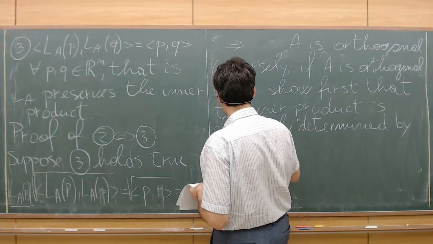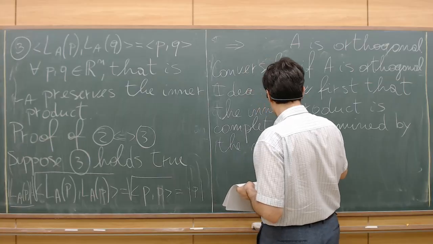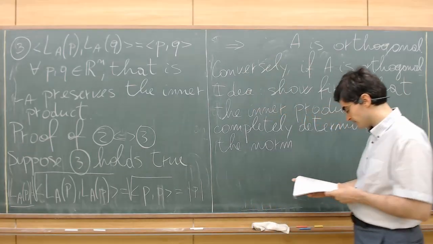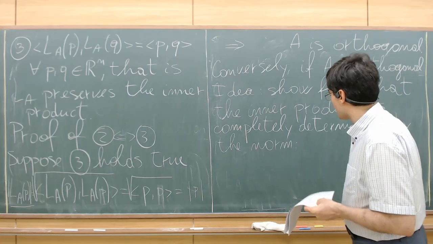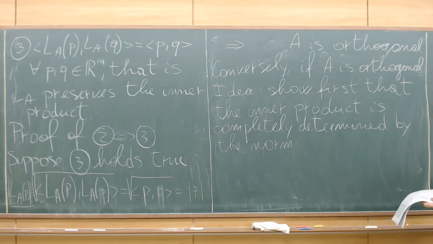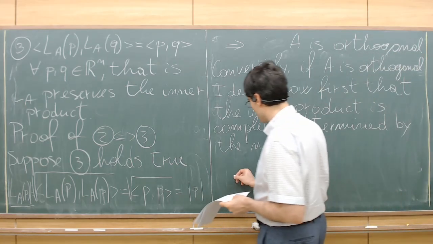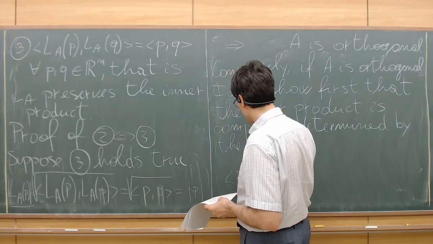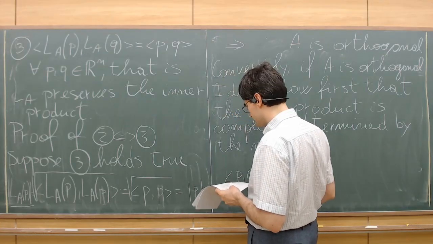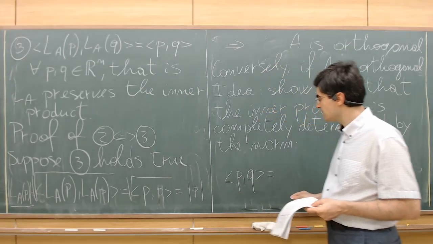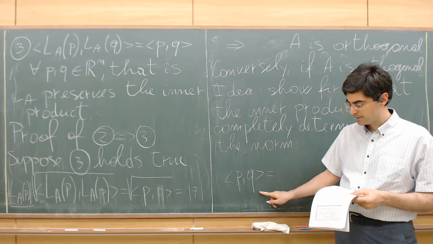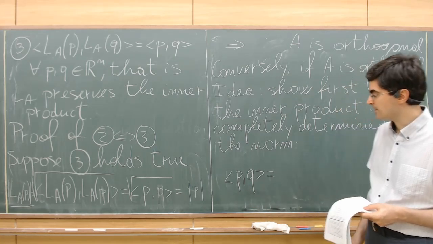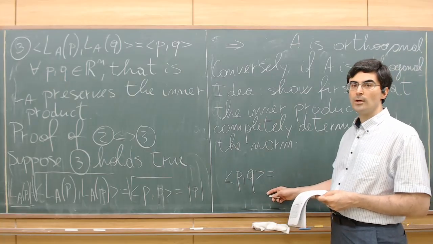What is the meaning of this sentence? It means that the inner product of two vectors in Rn can be written in terms of the norms of P and Q and the norm of the difference. Precisely, the following formula holds true.